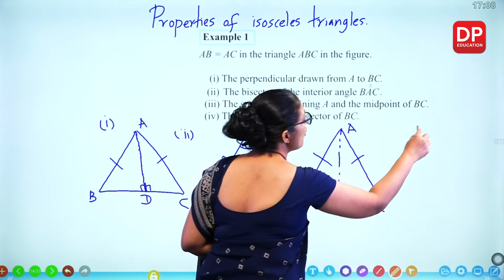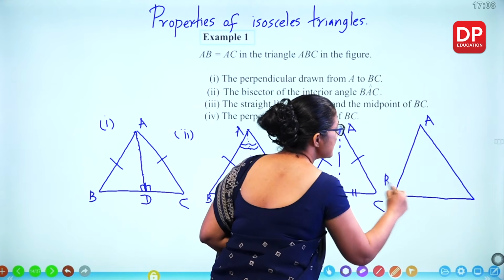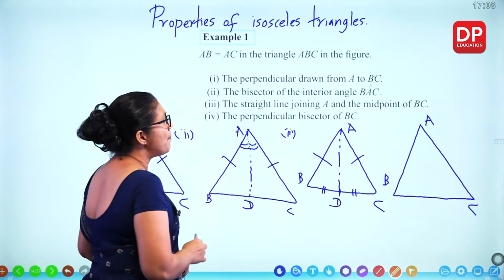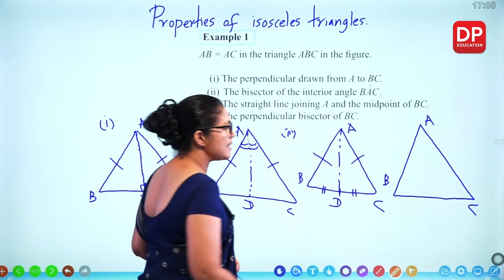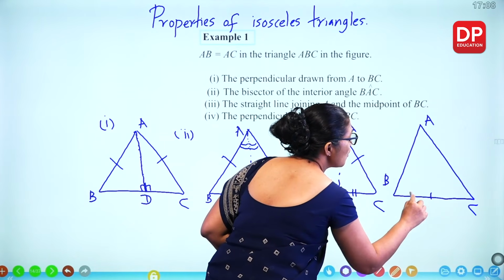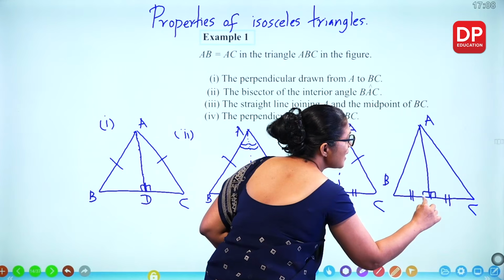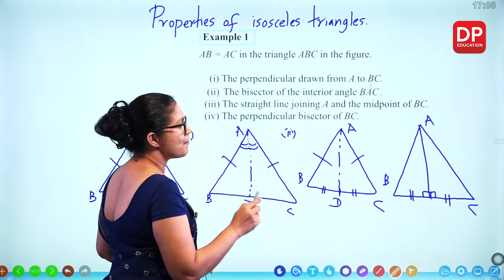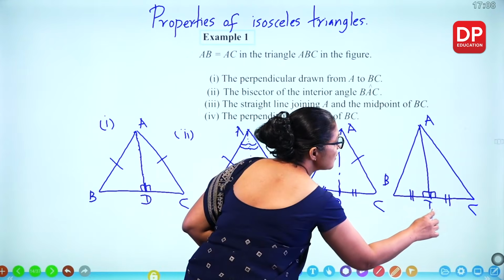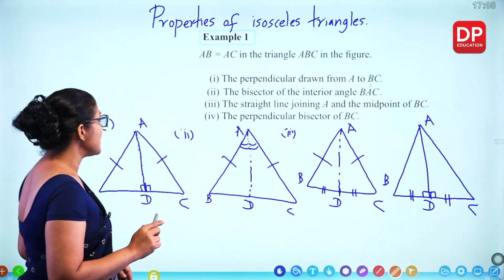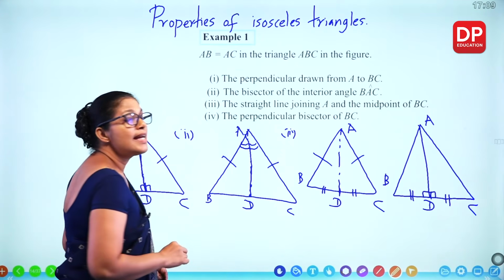And the fourth part says, if there's a triangle ABC, the perpendicular bisector of BC. So what does perpendicular bisector mean? This is equally divided as well as this becomes a 90-degree angle. So if this happens, what you can observe is that all these ADs coincide with each other.